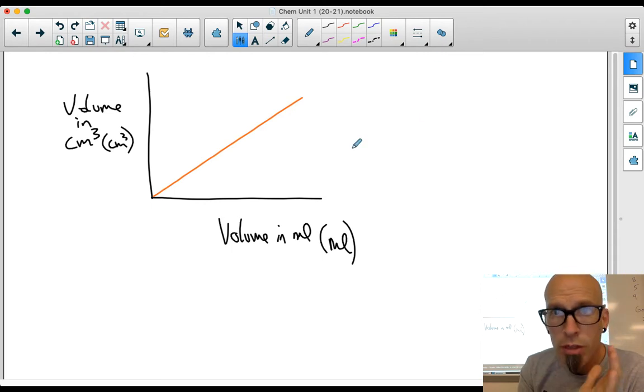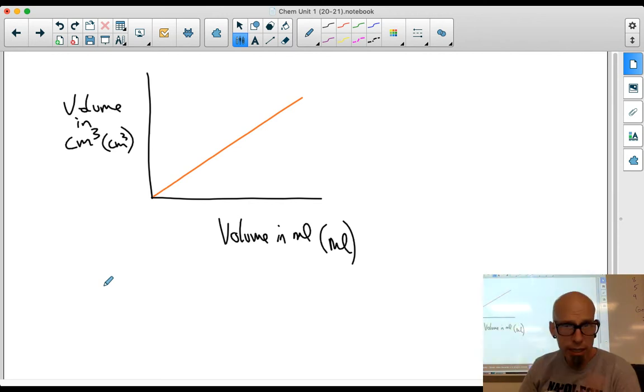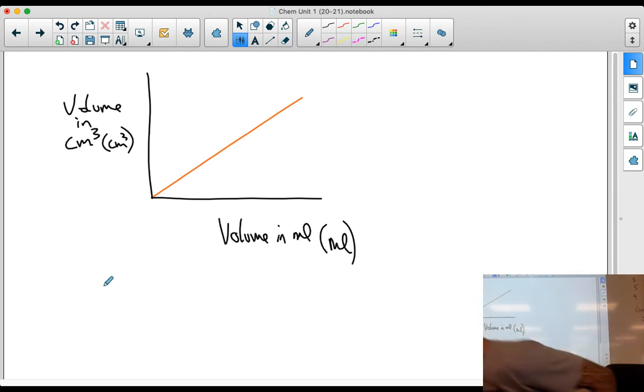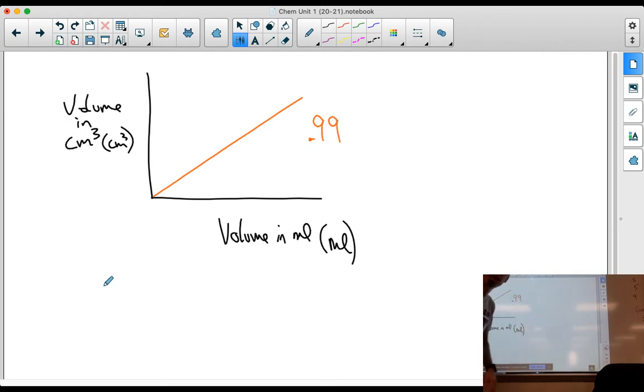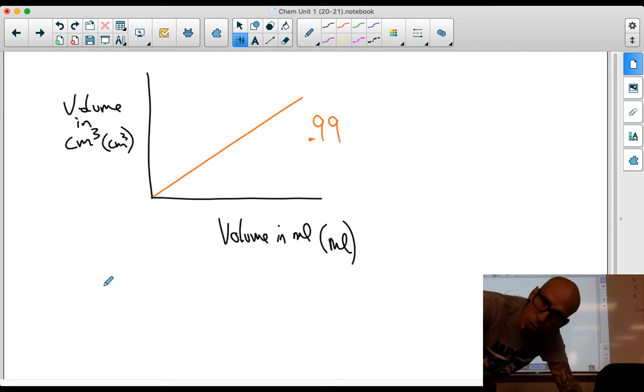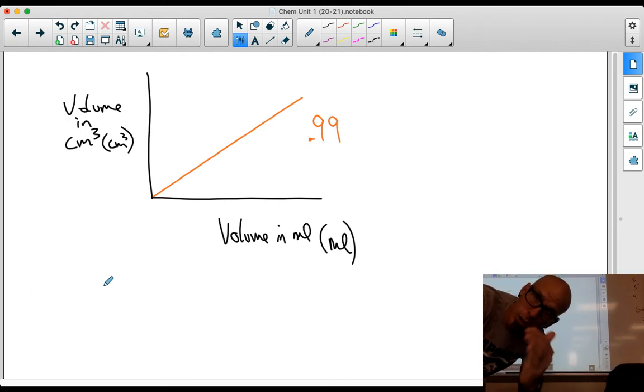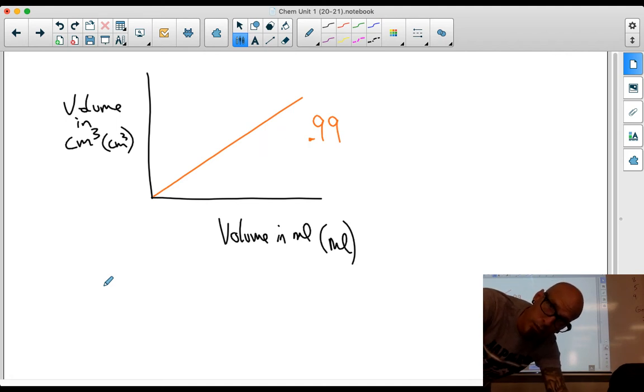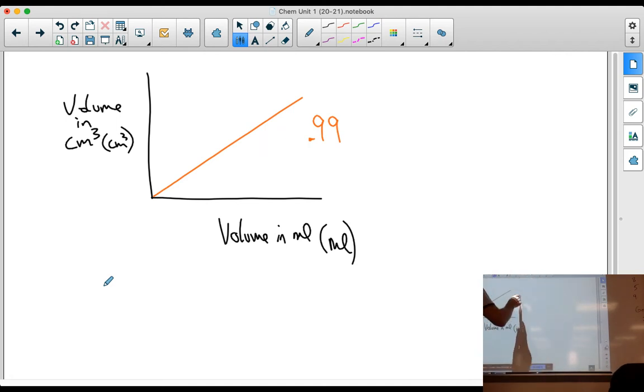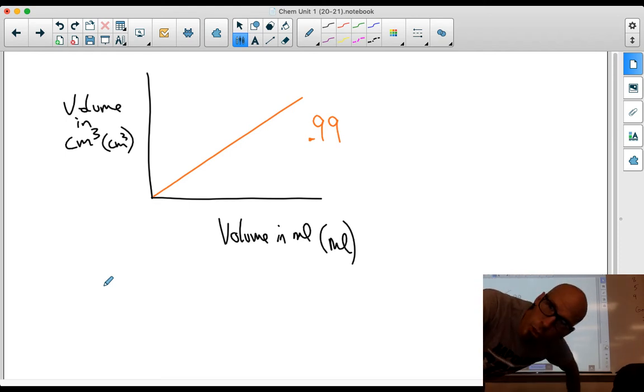Now, the slope. I'm going to write slope down here because we didn't have to calculate it. Graphical analysis did for us. So it was 0.99. I don't know what it was for your class yet, but this is what first period was, so I'm just going to use that number. You write down what it was for your class period based on the data that we had for your class period. They didn't give us a unit of measure. We have to figure that out ourselves. So what's the unit of measure here?